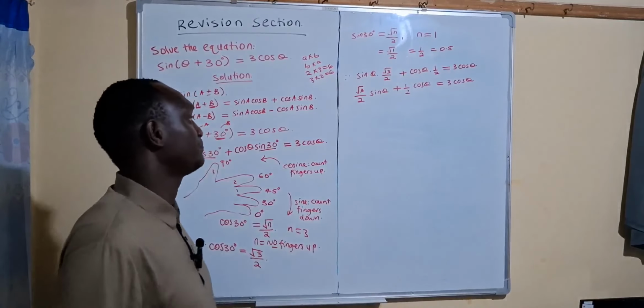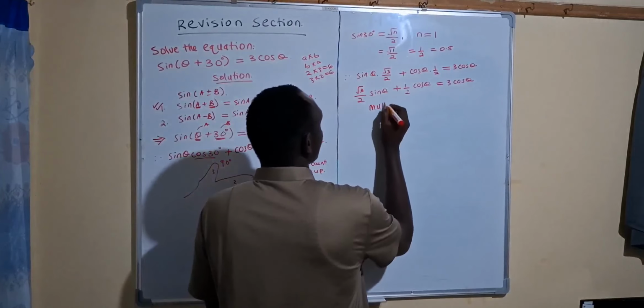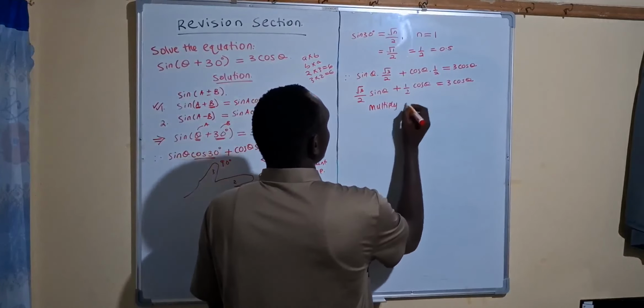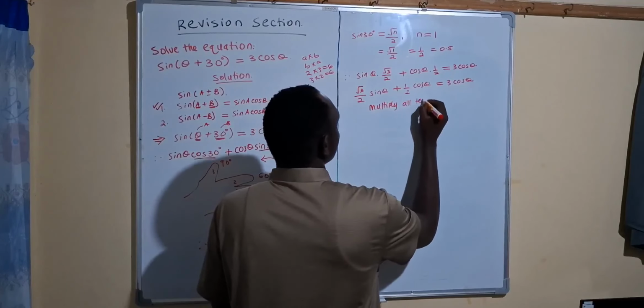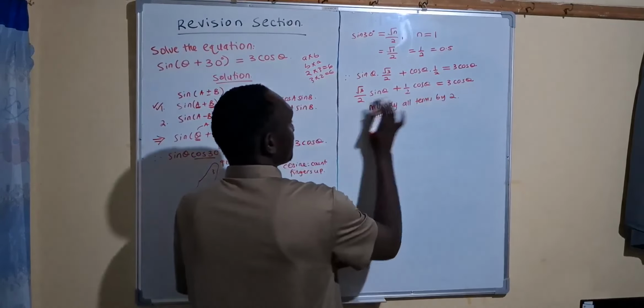So what can we do? Let's multiply all through by 2. Multiply all terms by 2. We simply need to get rid of the denominator.